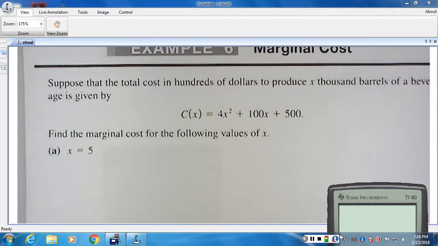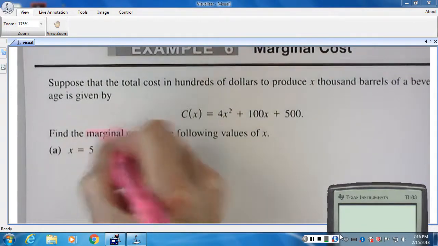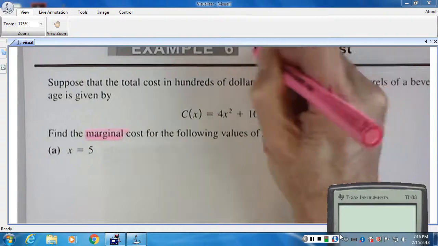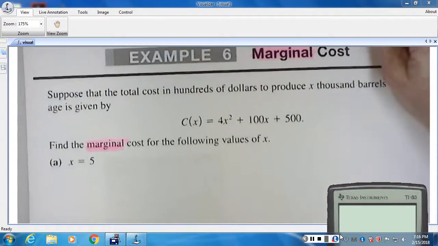And here again, I told you that things that I want you to type in your mind are certain words. This is talking about marginal cost. And anytime you see the word marginal anything, marginal cost, marginal revenue, marginal profit, anything like that, marginal means slope or rate of change.